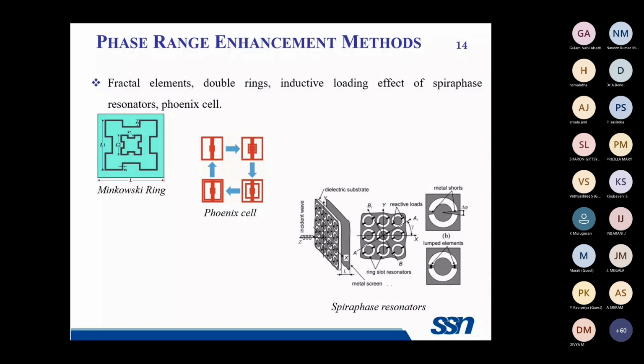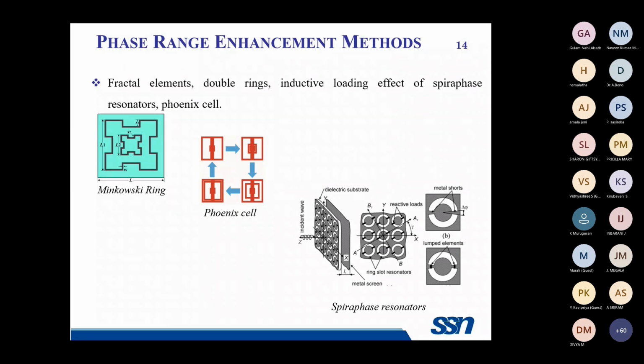The next design aspect of the reflector array antennas is the phase enhancement method. There are various phase enhancement methods. Just like in the previous slide, we can enhance the phase through various ways, and several such ways have been proved in papers through literatures.